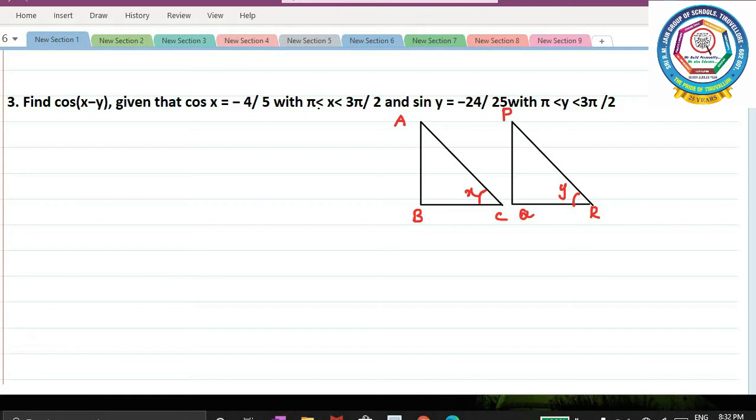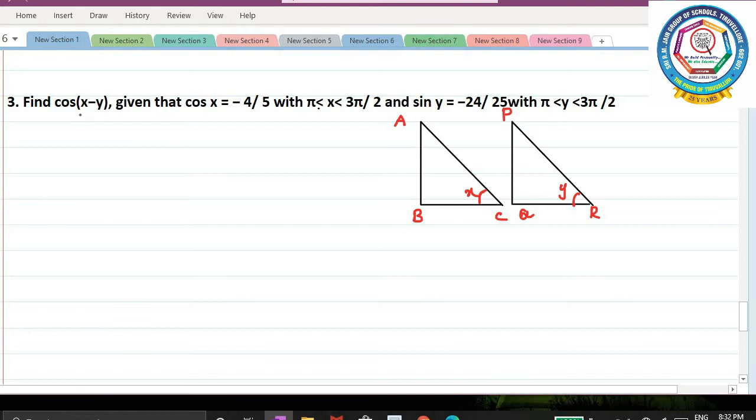Here y also lies between 180 to 270. But at the same time cos x is minus 4 by 5 and sin y is minus 24 by 25. Here both trigonometric ratios are negative. So x and y lie in the third quadrant, because in the third quadrant only tan and its reciprocal are positive. The remaining trigonometric ratios are negative.